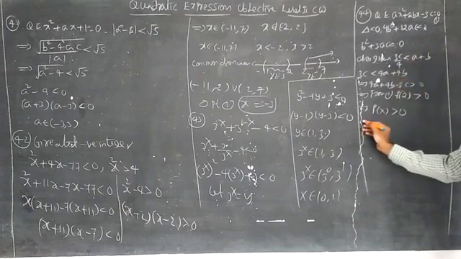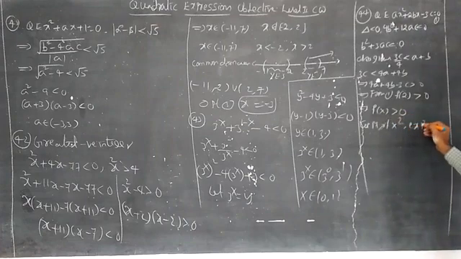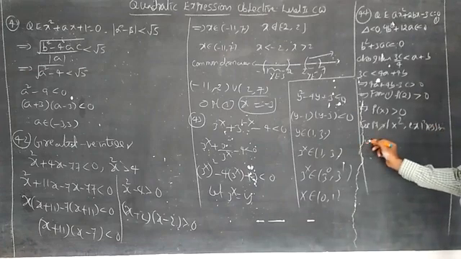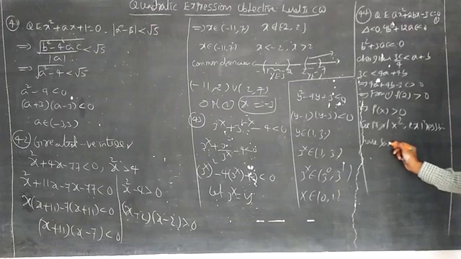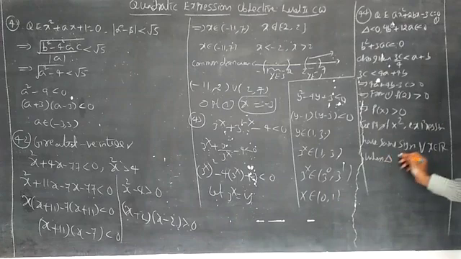Whenever f of x greater than 0, f of x square, comma, expression have the same sign for all x belongs to R when delta less than 0.